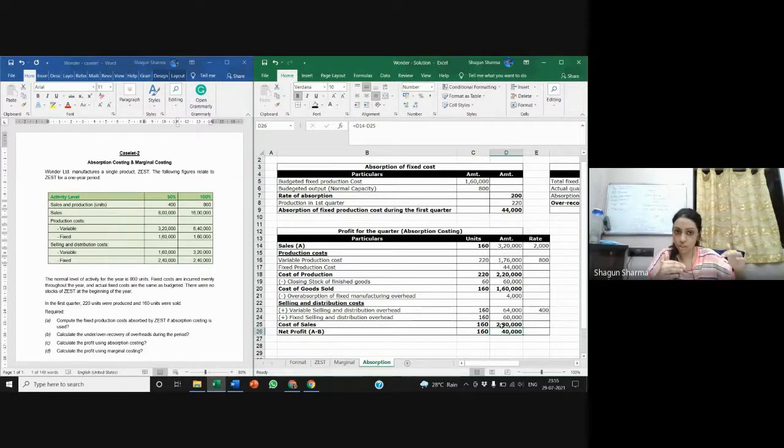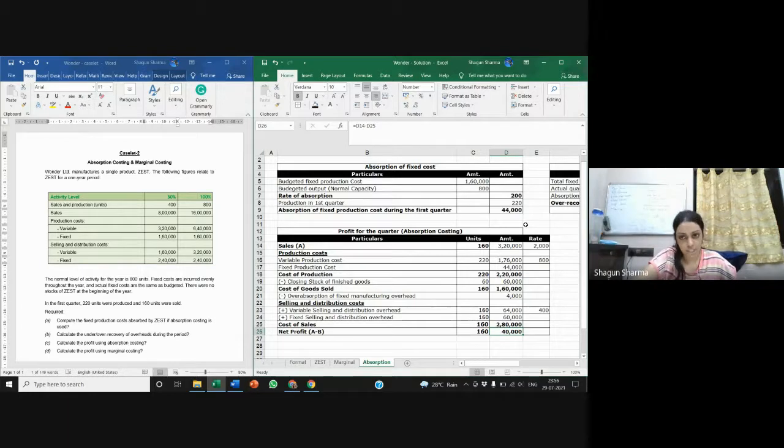Within production costs, we know there is some adjustment. Within production, again, variable is treated like variable, there is no change. Fixed is absorbed on some basis that the company decides. In this case, it has decided to do it by number of units.